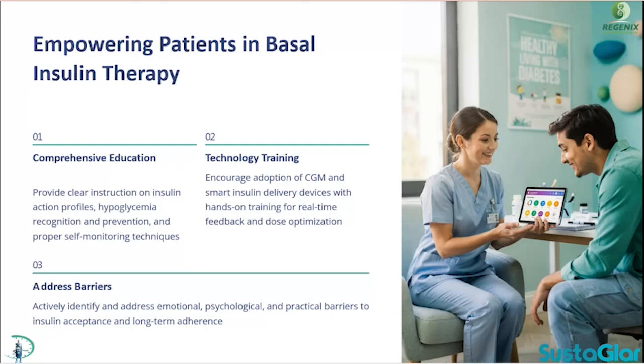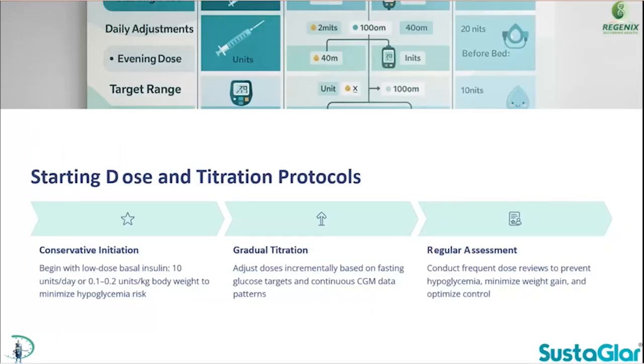So we also need to address the barriers, actively identify and address the emotional, psychological, and practical barriers to insulin acceptance and long-term adherence. Clinical strategies of basal insulin optimization in our practice: again, the starting dose is around 10 units or 0.1 to 0.2 units per kg body weight, which can minimize the hypoglycemic risk.